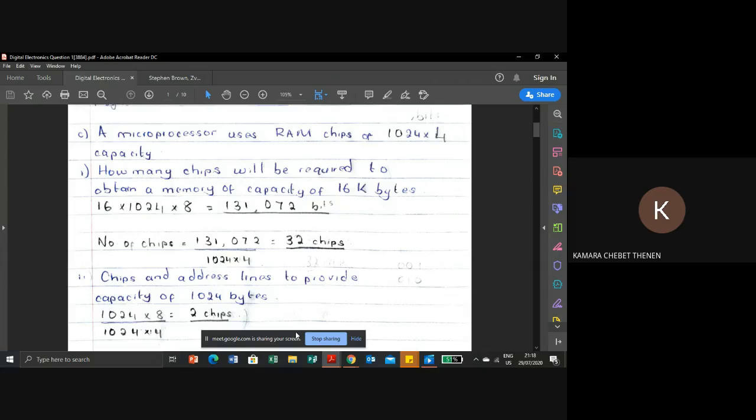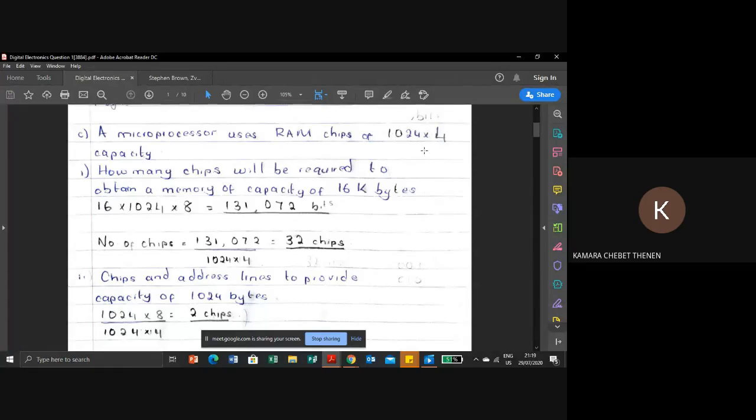So we know that 1 kilobyte is equal to 1024 bytes, and 1 byte is equal to 8 bits. Also this 1024 by 4 stands for 1024 memory locations with a 4-bit pattern. So we know for sure this 1024 by 4 is in bits.